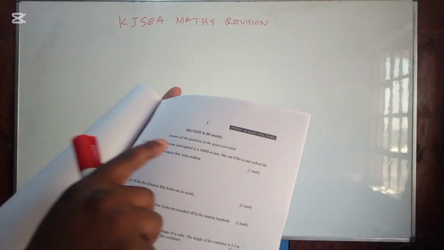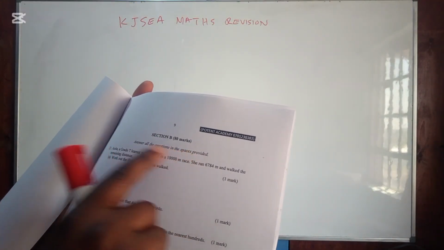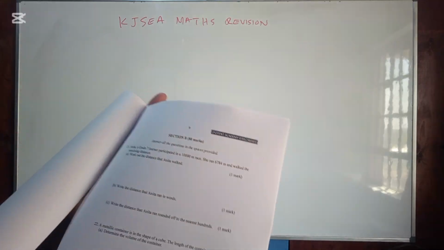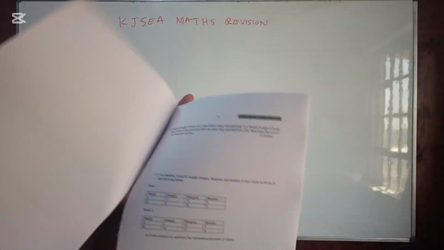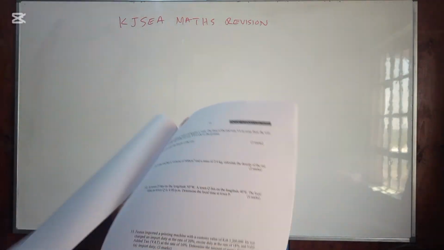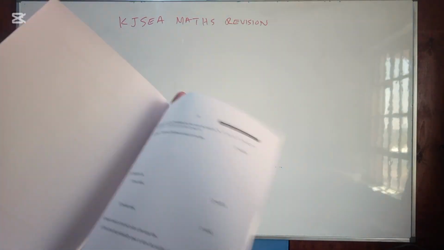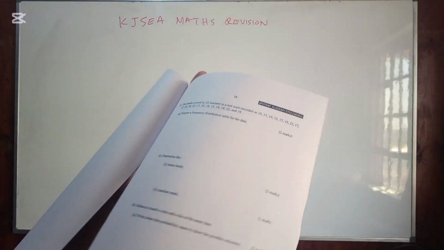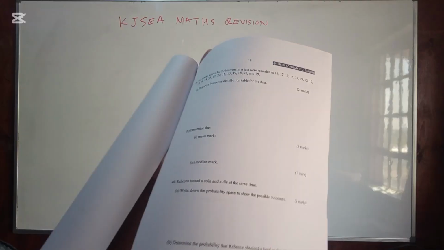The second section is section B, 80 marks, and has question 21 up to question 40, just as I predicted in my video and in my book.